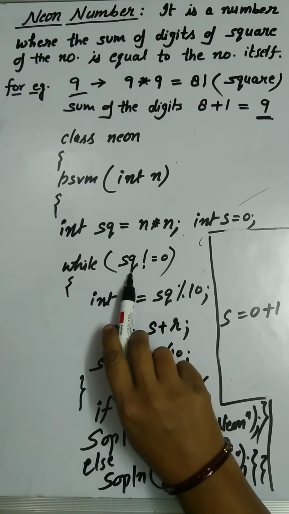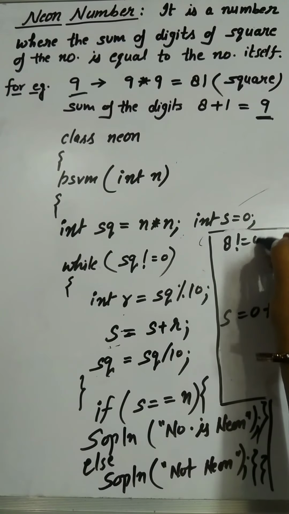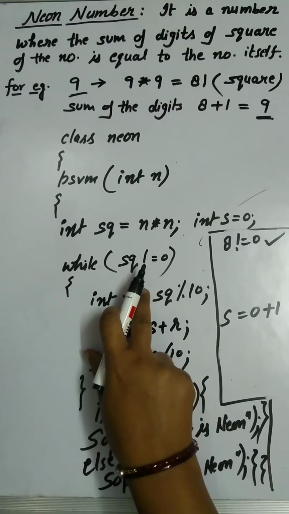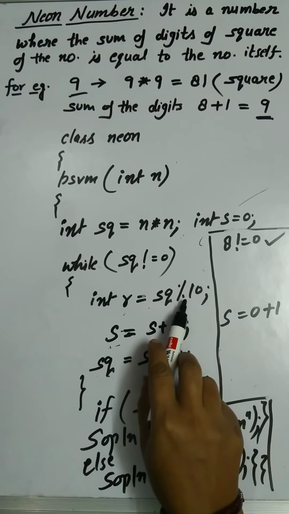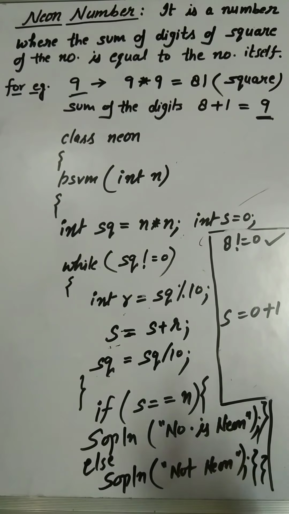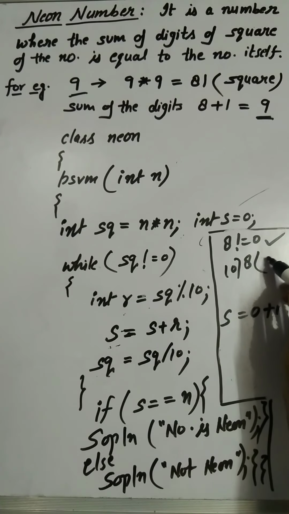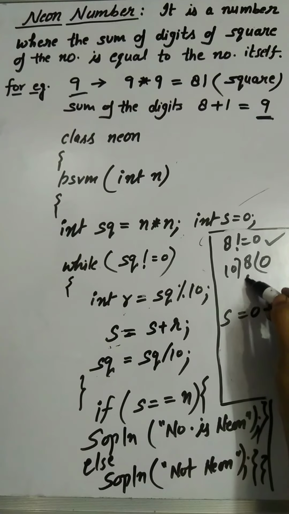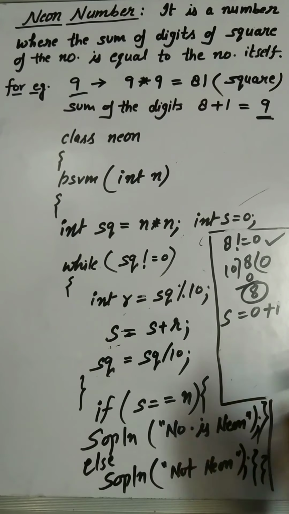here SQ value is 8. 8 is not equal to 0. This condition is true. Next is R is equal to SQ mod 10. SQ value is 8. When we mod 10, it goes 0 times, and the remainder value is equal to 8.